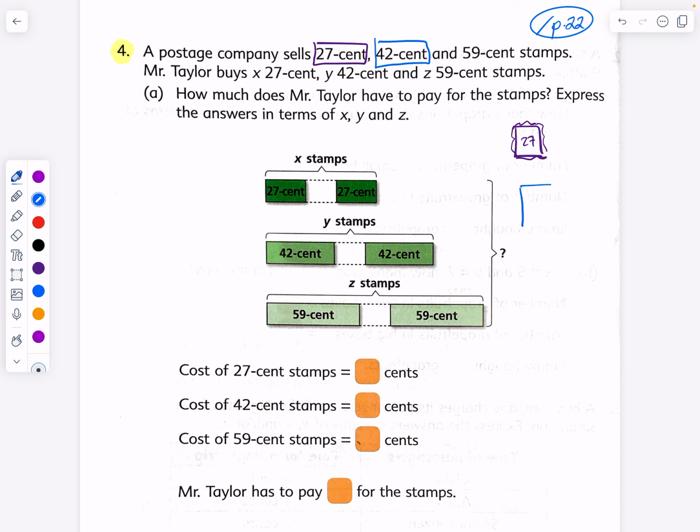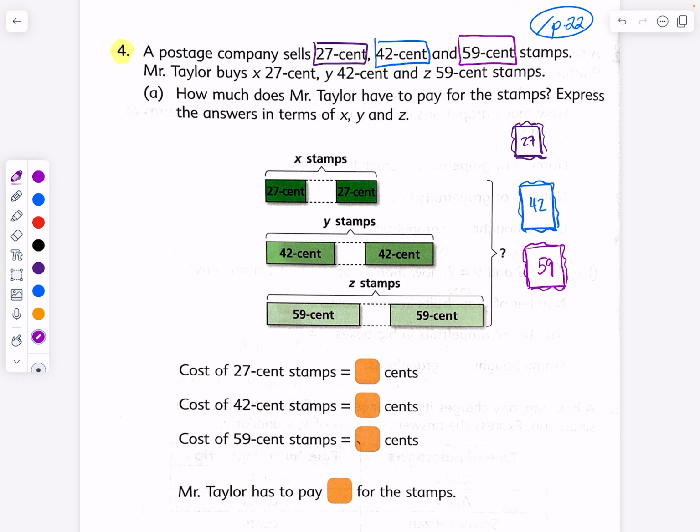Let's make them a little bit bigger. And finally, we have very expensive stamps. Maybe we use them for sending letters abroad, and they cost even more. They are 59-cent stamps. So that's what the post office sells.